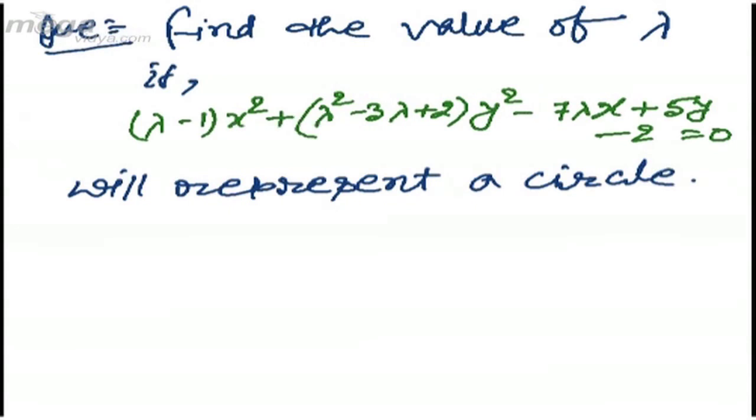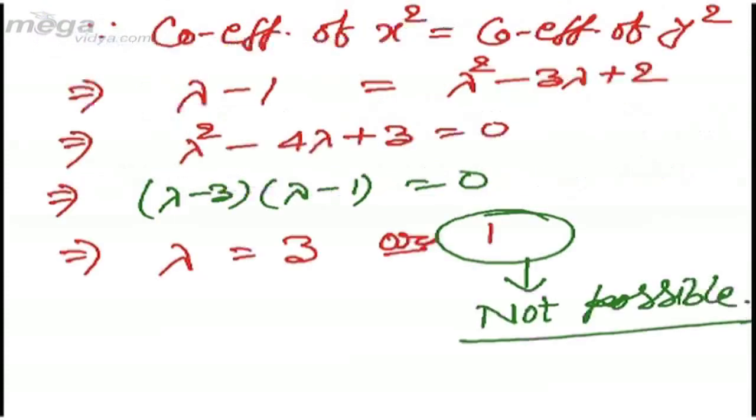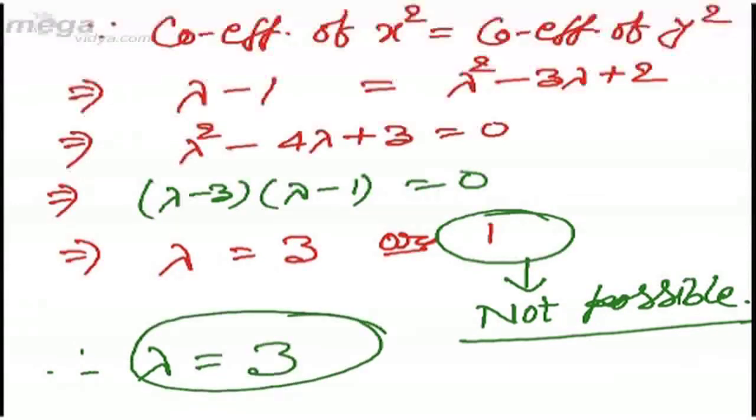And hence this equation will represent a circle. So to make it a circle, we will consider the value of lambda as 3. So this will be the correct answer.